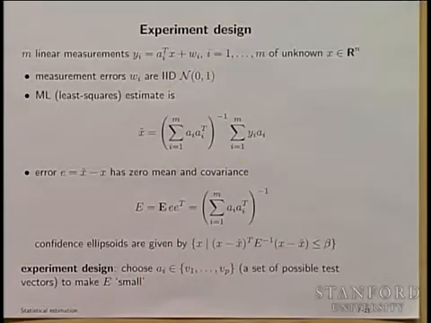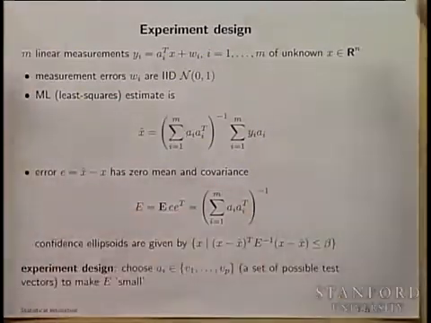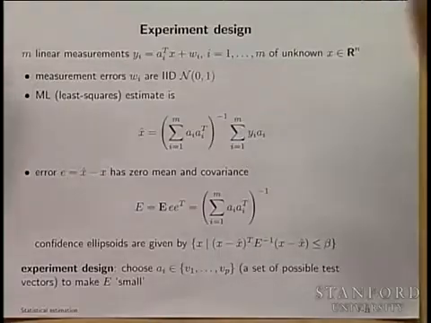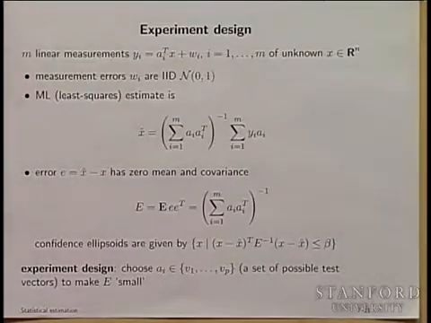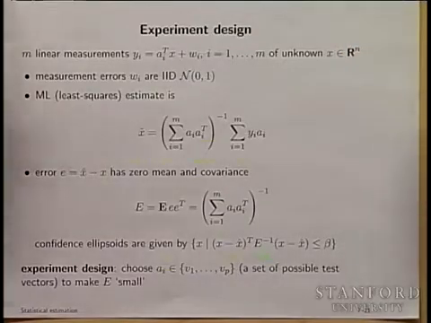The simplest version: I give you 50 possible measurements, and you may choose 1,000 measurements from these 50.